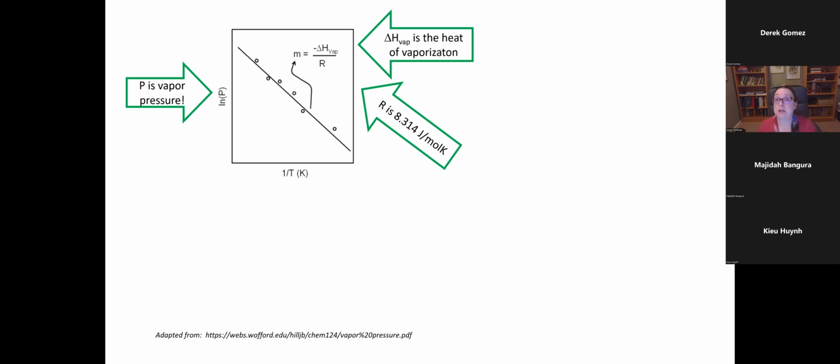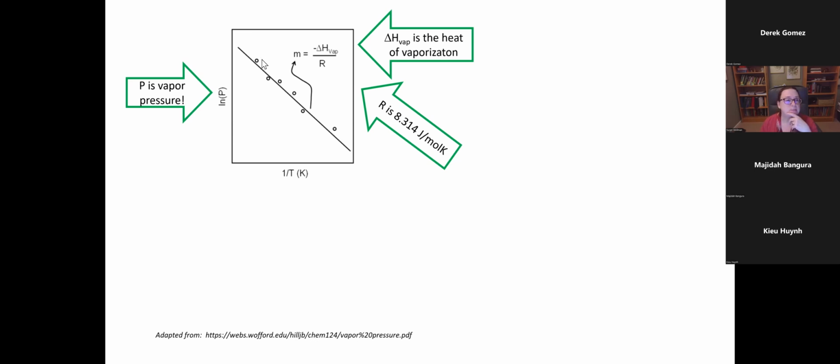You can find the natural log button on your calculator because we're going to do some math with that. If we plot natural log of vapor pressure as a function of not temperature, but 1 over the temperature, 1 divided by the temperature, we do get pretty close to a straight line.